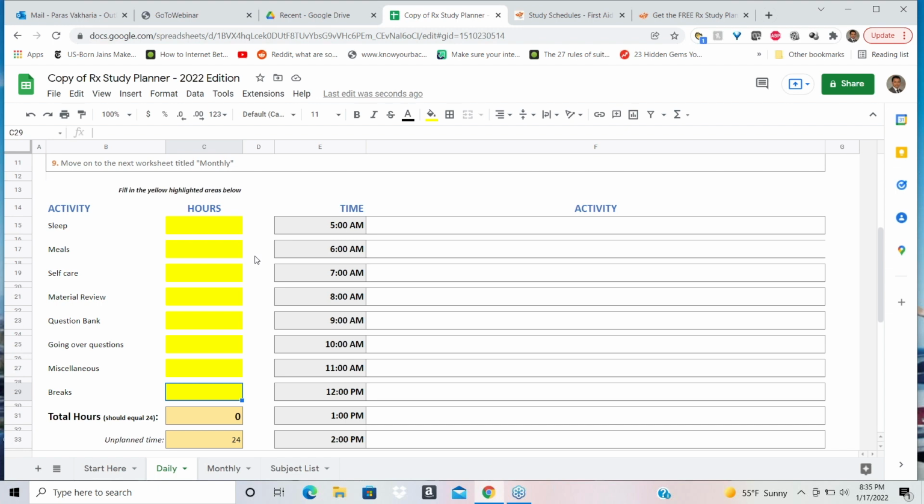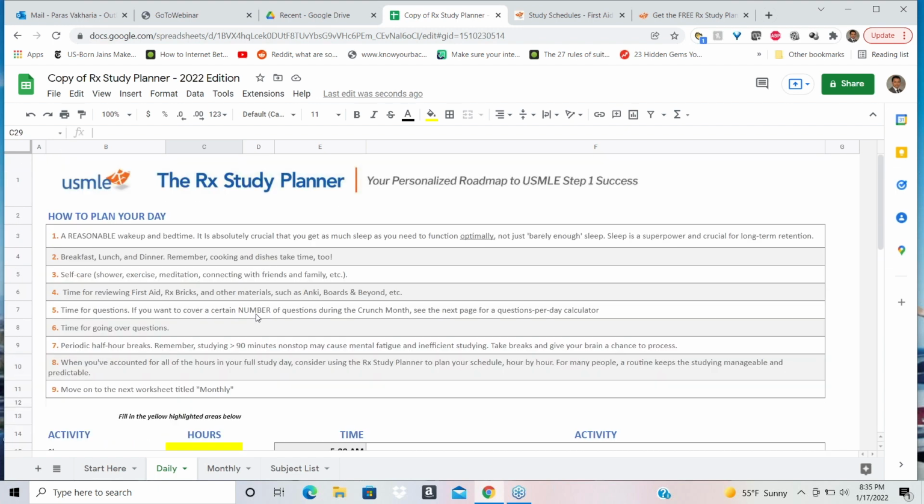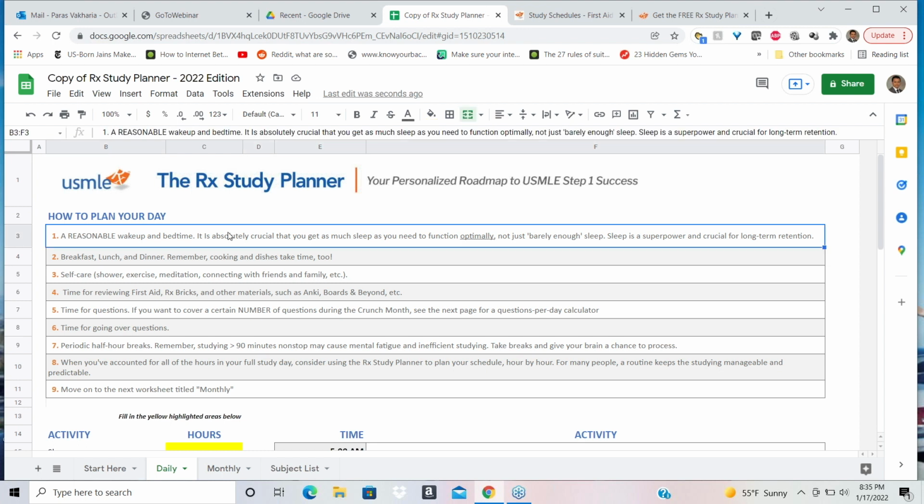That's a good point you bring up, because it is absolutely crucial that you get as much sleep as you need to function optimally. We don't want you getting just barely enough sleep, and we don't want you to compare your study or sleep habits with other people. Sleep is very important for doing well on this exam.